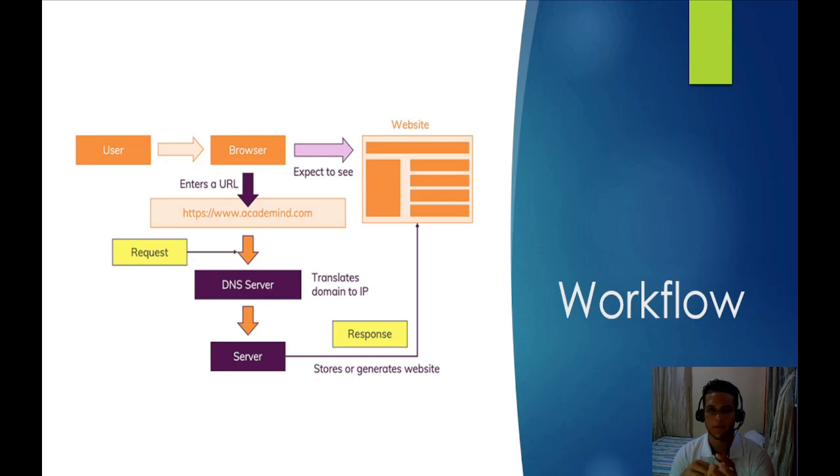So the server gives us a response, the package of information that we need to access the website. This is basically the workflow of accessing a website. We can dig deeper into these concepts of request, DNS server, and response, but for a basic understanding, the diagram lets us know the basics.